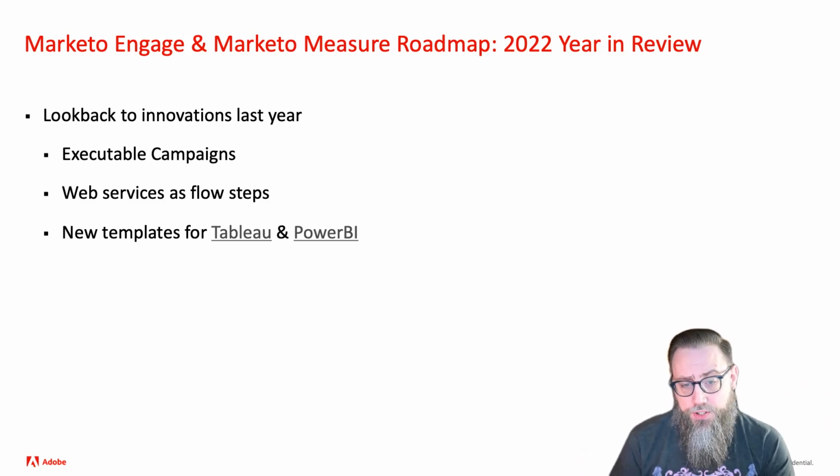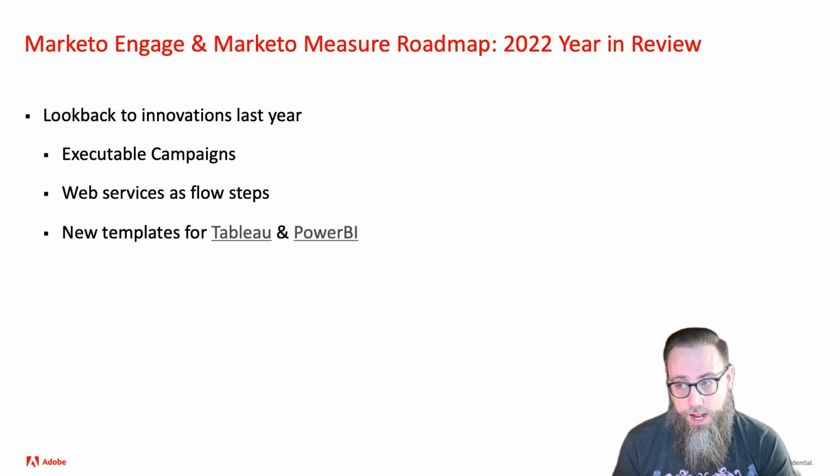And web services as flow steps is really cool. Marketo was developed in like 2007, when it first came out, and a lot has changed and a lot of features have been added, but there's also a lot of bespoke things that don't fit every single customer need. But if you have the engineering know-how, you can make them work. And that's basically what web services as flow steps are.